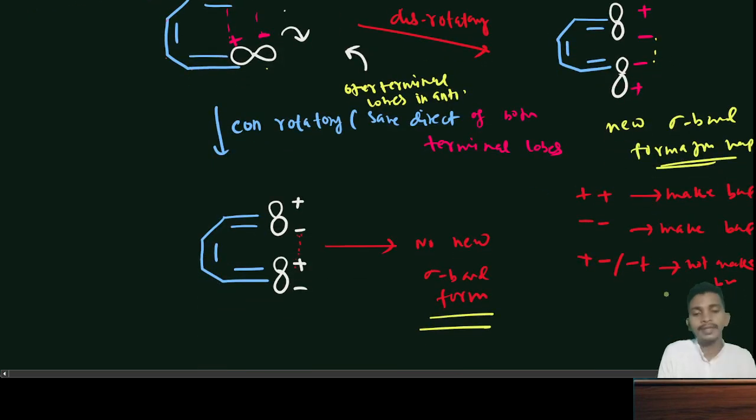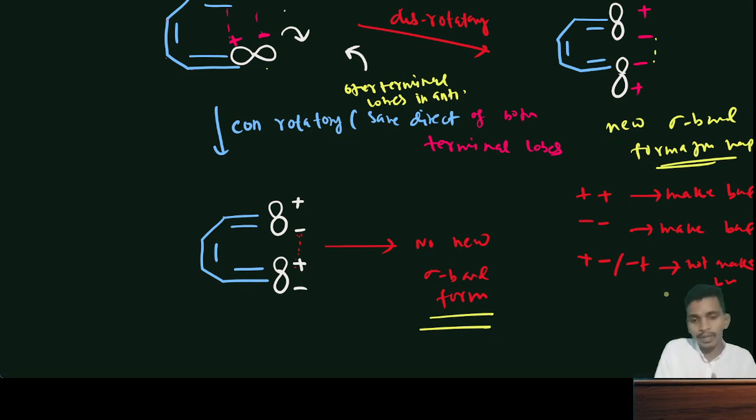Okay, so those things we will look for in different substrates, and we will give tricks to determine where the bond will form, whether disrotatory or conrotatory.